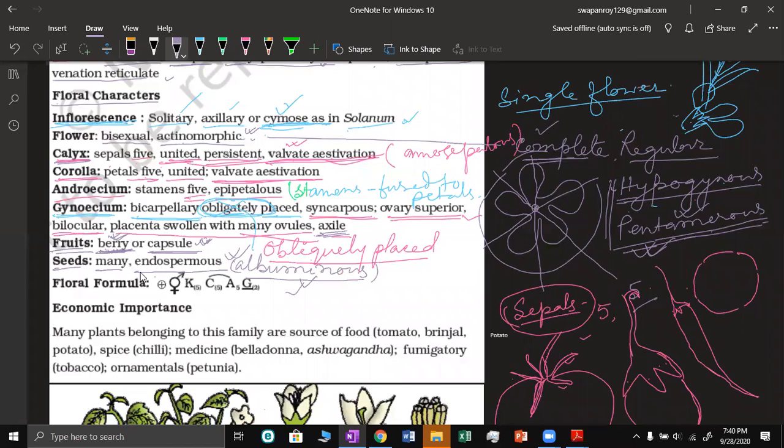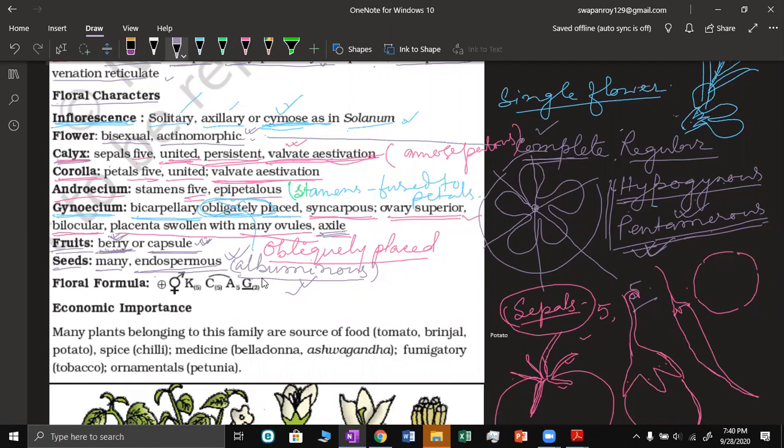Endospermous seed means that when the seed is mature, at that time endosperm is also present. Otherwise, in some seeds like pea seed, gram seed, when the seeds are mature, the endosperm is not there.